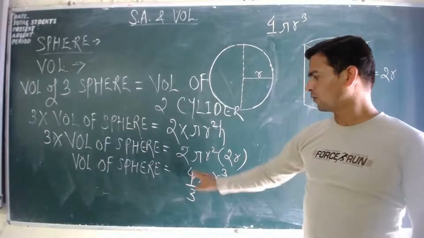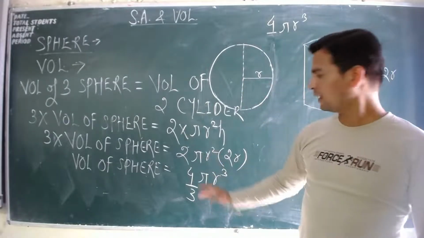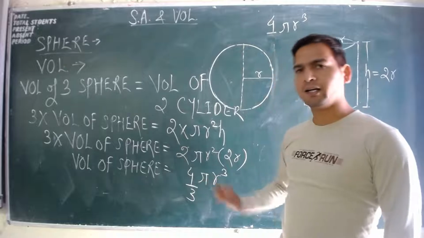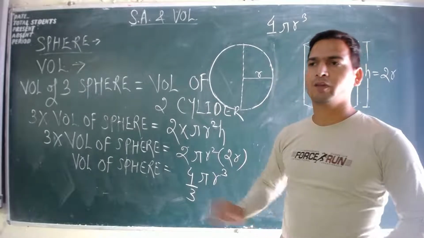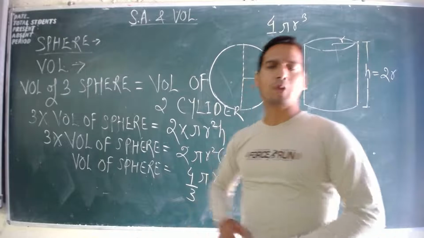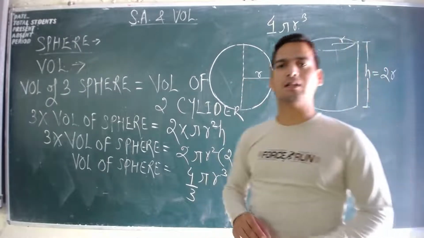So we got the formula of the volume of a sphere, 4 by 3 pi r cube. I hope you have come to know how the formula has been derived.